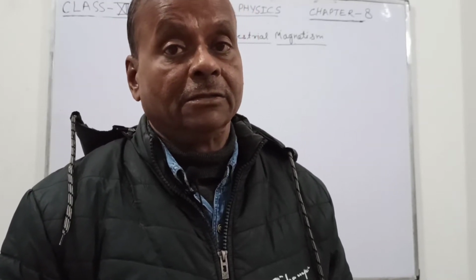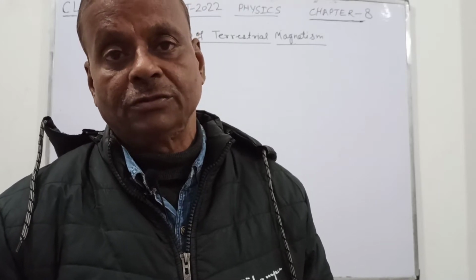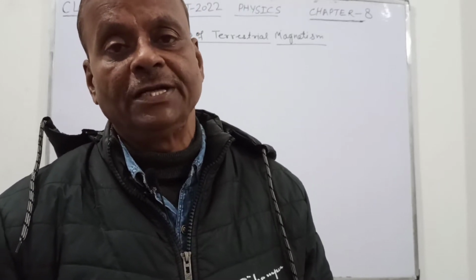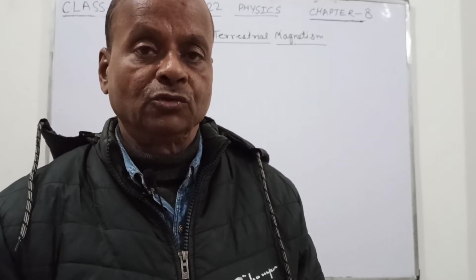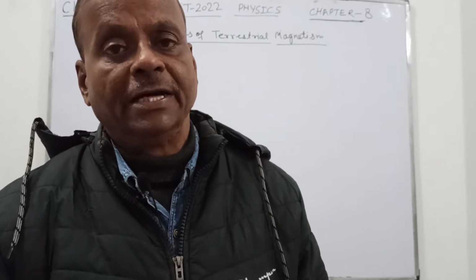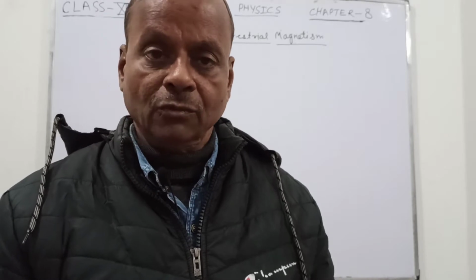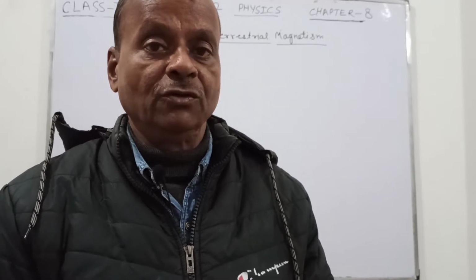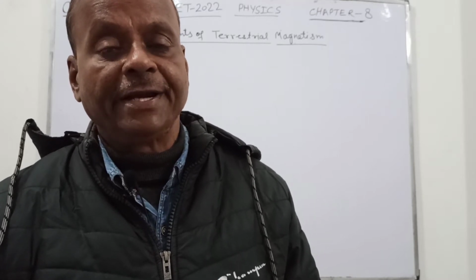So, the south pole is towards the geographic north, and this north pole is towards the geographic south. So, we have the equator and the poles, and the whole of the earth, as we know, behaves like a magnet.